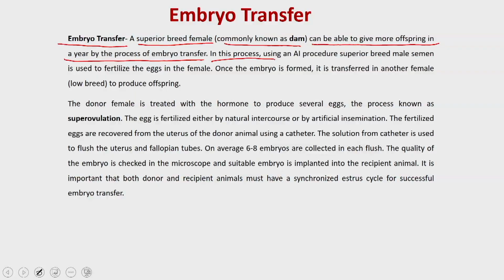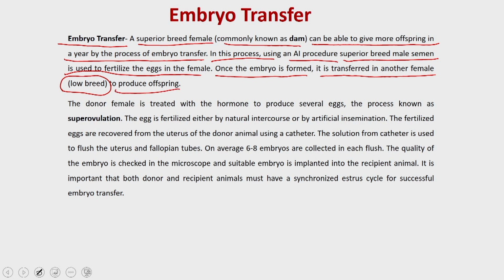In this process, using artificial insemination, superior breed male semen is used to fertilize the eggs in the female. Once the embryo is formed, it is transferred to another female which is going to be a low breed, so that you do not have to spend a lot of money on keeping these females to produce the offspring.